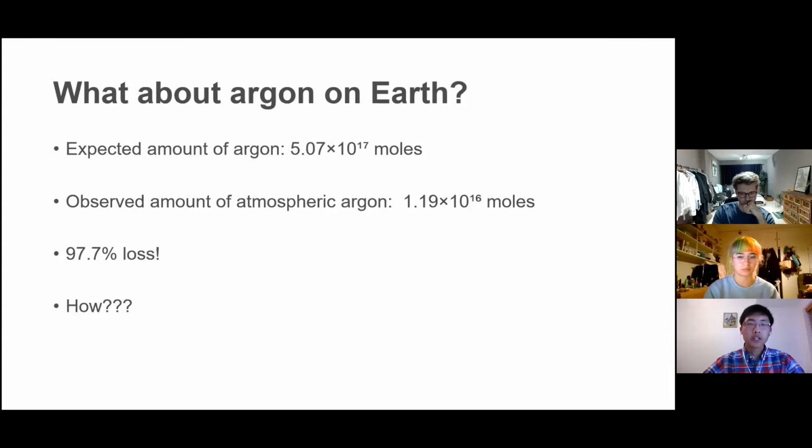To understand this better, we can take a look at the other isotopes of argon. More specifically, we're going to look at argon-40, the radiogenic isotope, which is produced from a different source than argon-36, but has the same physical and chemical properties.